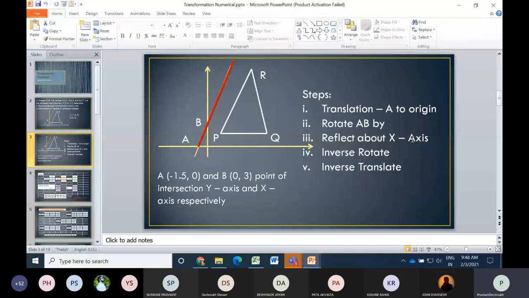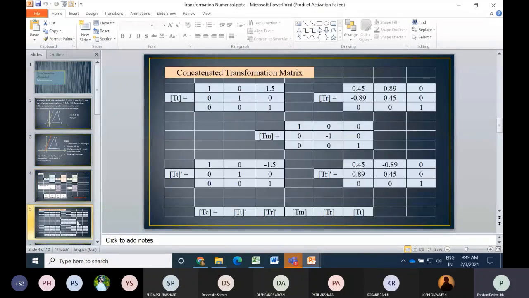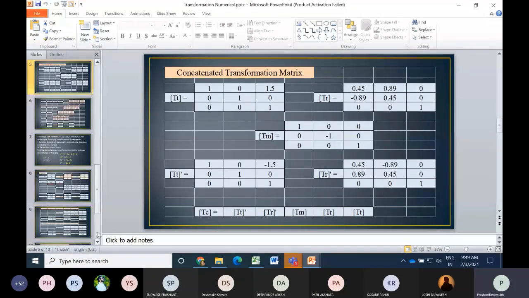Then reflect about the x-axis. Then inverse rotation: whatever the angle by which we have rotated, we change the angle value to minus theta. And inverse translation, so the dx dy values will be multiplied by minus 1. Okay, these are the calculations.